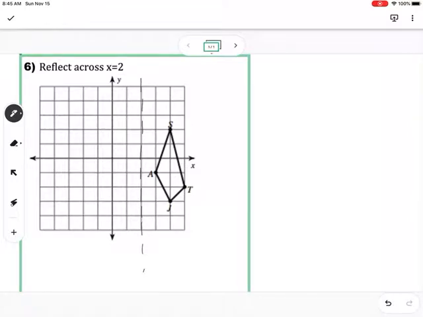So I'll start with A. A is 1 unit away from the mirror, so we're going to go 1 deep in there, and we're going to label it with what we call prime. So that's A prime. J is 2 deep, so here, J prime.